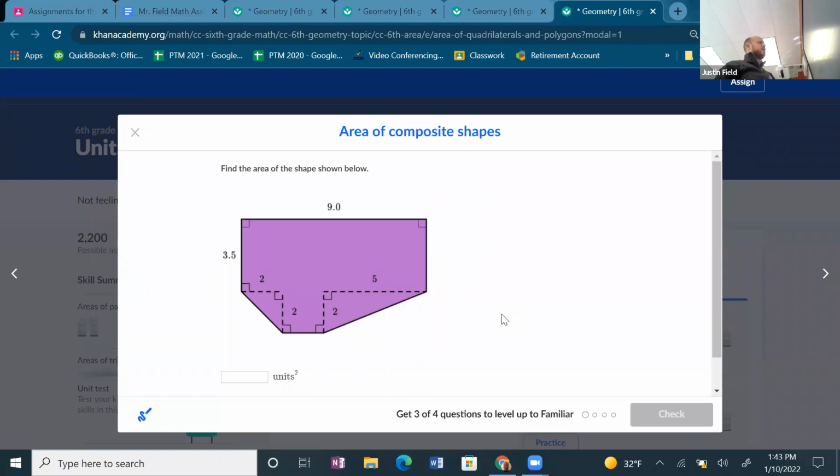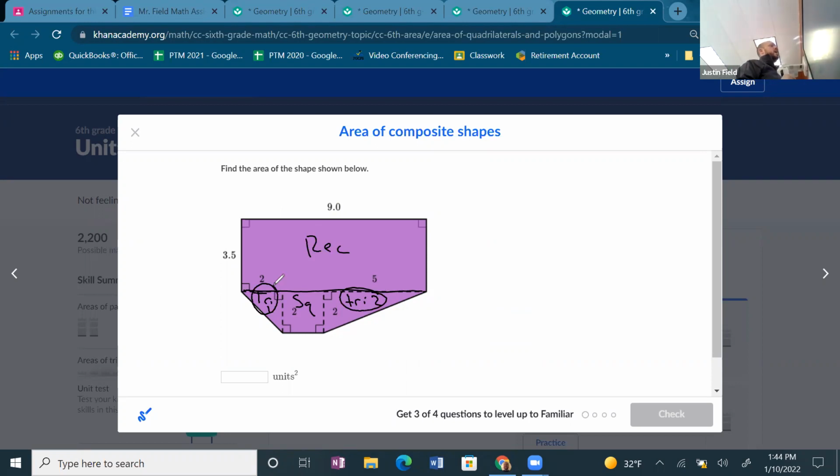It's a hexagon, I guess. But when I look at it, I see a rectangle. I see a square, and I see triangle 1 and triangle 2. Is that what you see? If you see the same thing, hey, boom.